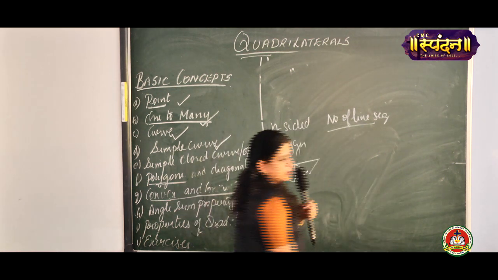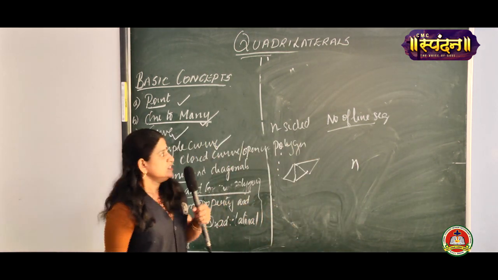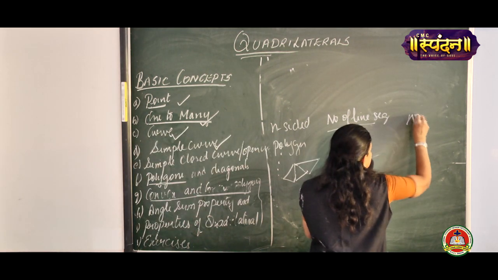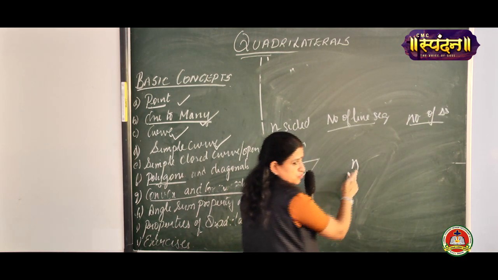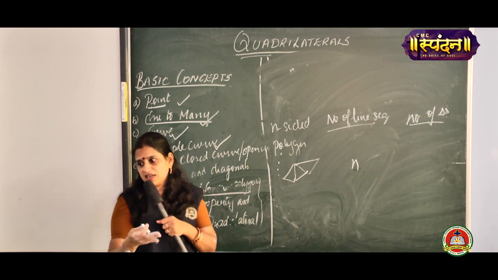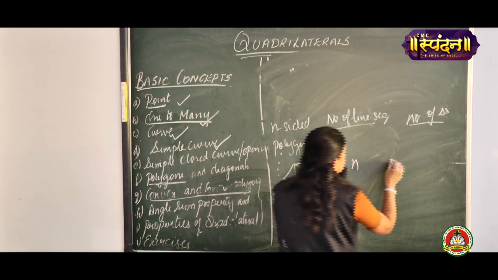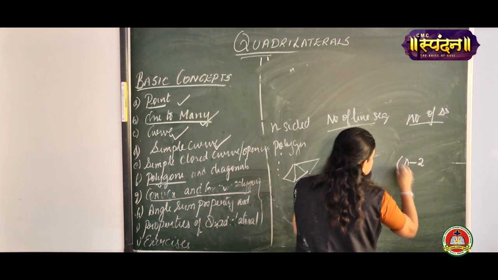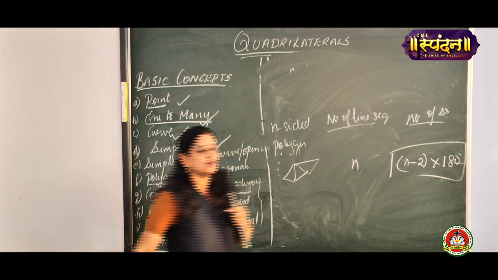So, the number of line segments will be n. What will be the number of triangles over here? The difference is 2. We saw in the earlier polygons, that is in the triangle, quadrilateral, and pentagon, the difference was 2. So, the formula will be n minus 2 into 180 degrees. This is how you got the formula.